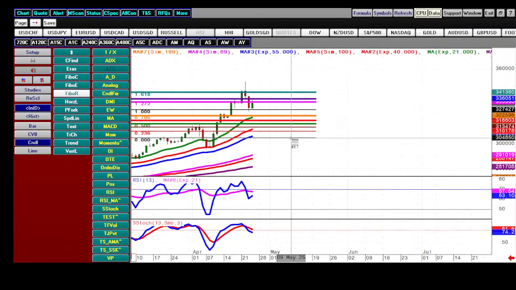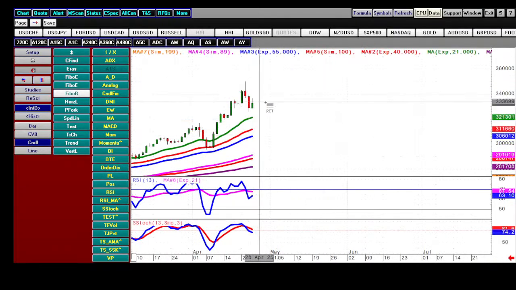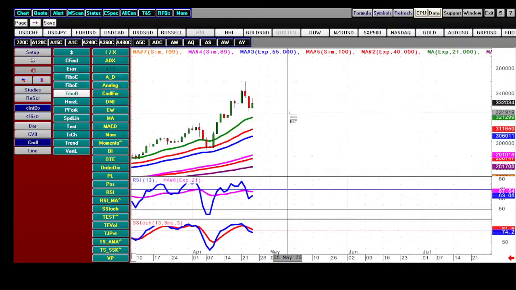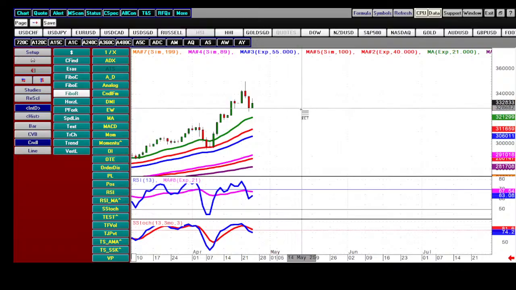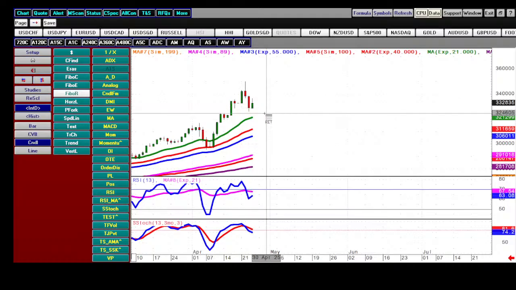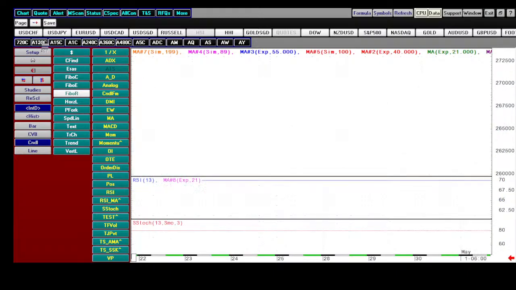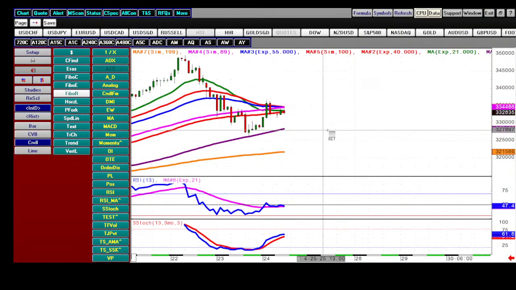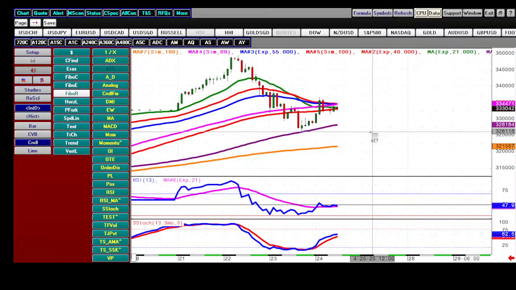So either this is going to be in a congestion for the next few days before the drop comes, or it might even break tonight. We have to see how the market behaves. In fact, there is no data that is out.